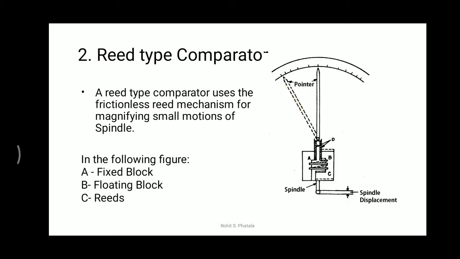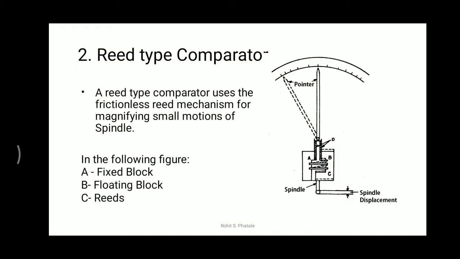These dark lines are the original position of this reed type of comparator, and the dotted lines, one horizontal dotted line and these inclined dotted lines, are the displacements of the C and B points when the displacement is given to the spindle.